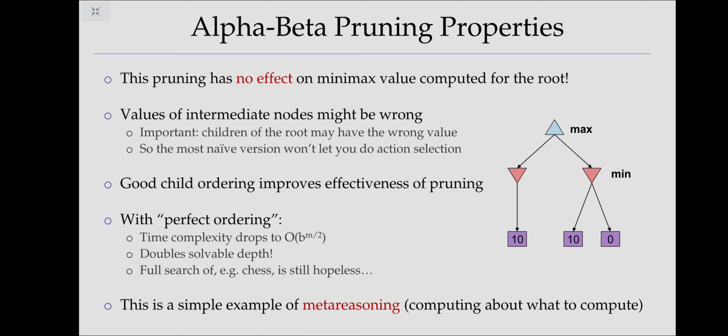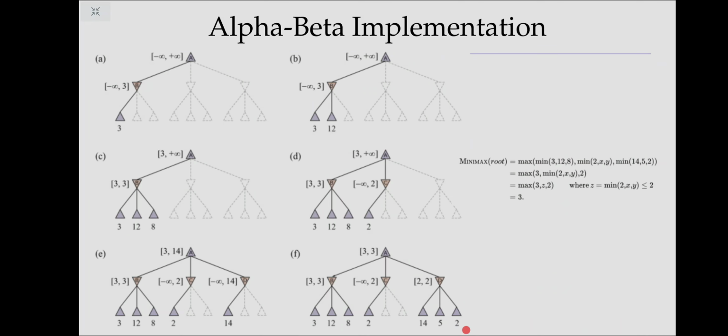In the previous example, if the order of the last node is 2, 5, 14, we can prune 5 and 14 from the process. But because the order is 14, 5, 2, we cannot use the efficient alphabet pruning.